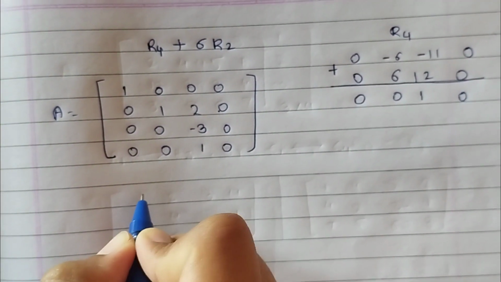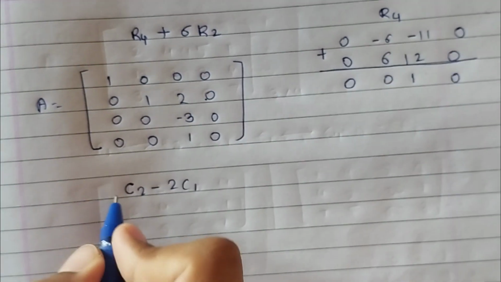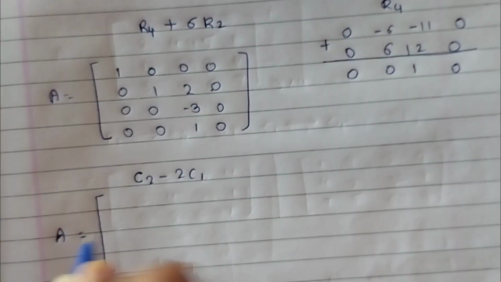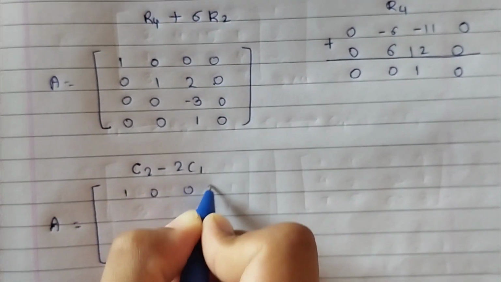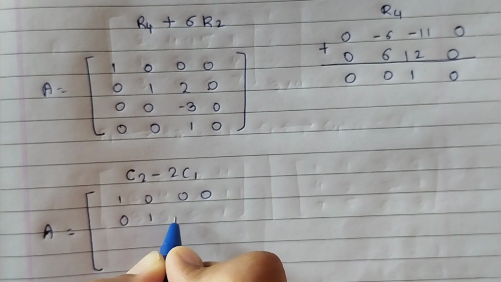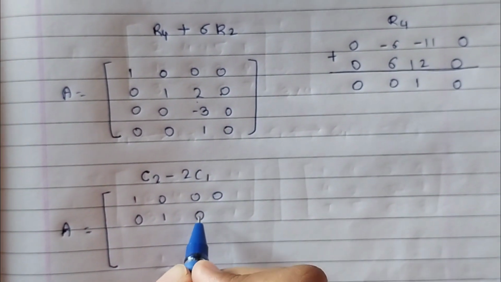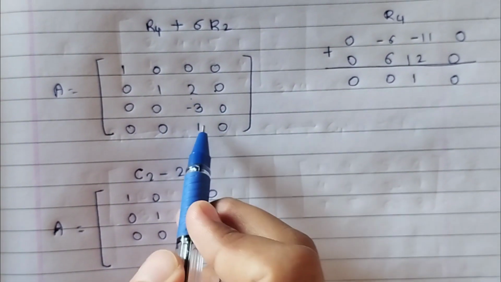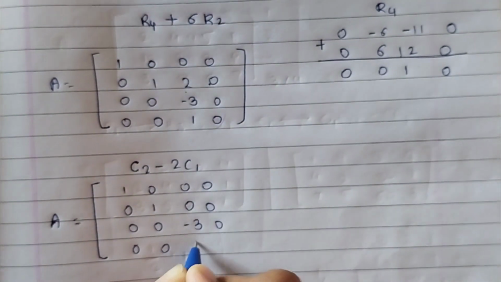For that, C2 minus 2C1, and we apply the same logic here. First we write the first row as it is, then 0 1 0, directly write column 0 0, then 0 0, and the remaining elements are written as they are: -3 0 0, 0 1 0.